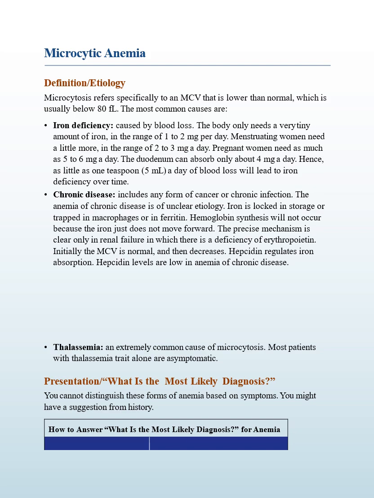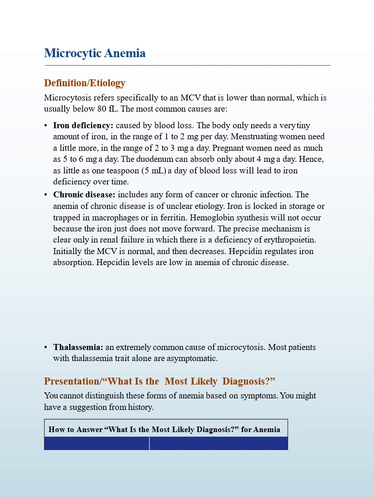Pregnant women need a lot more, between 5 and 6 milligrams per day. We have to know that the duodenum can absorb up to 4 milligrams per day, which is about as little as 1 teaspoon per day of blood loss.